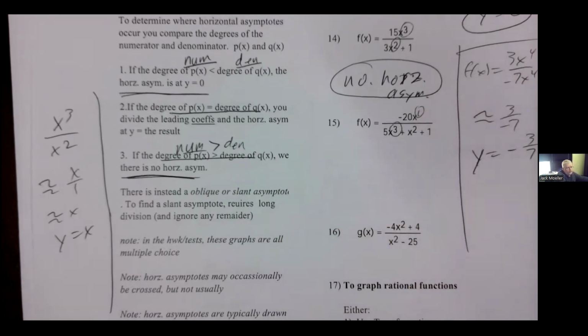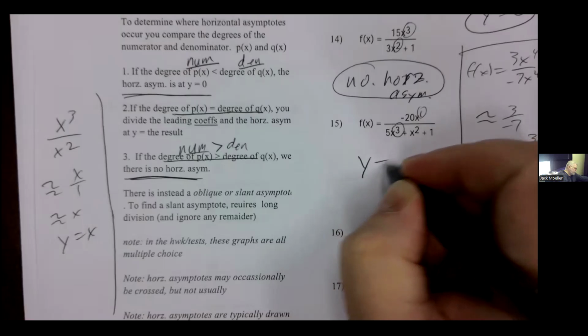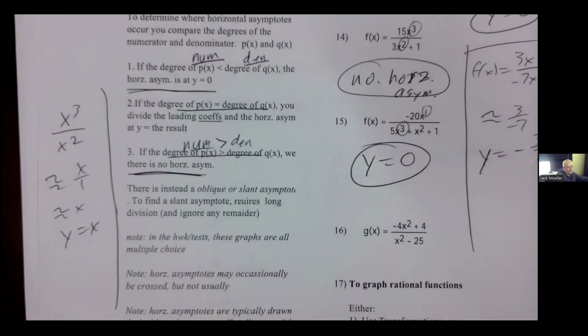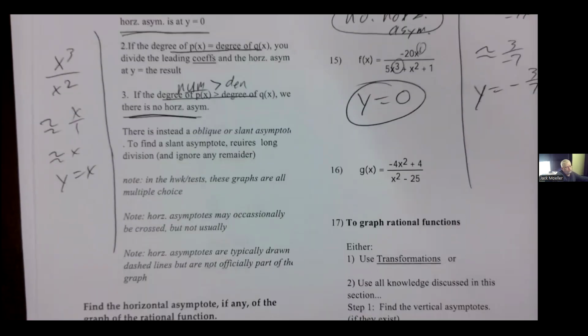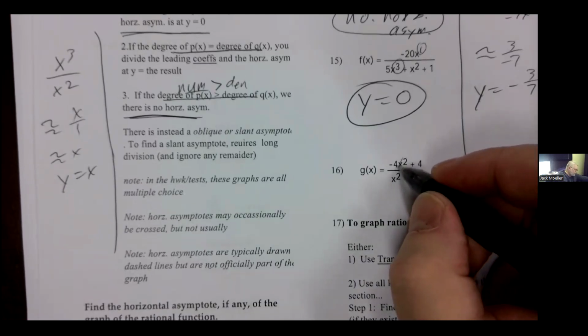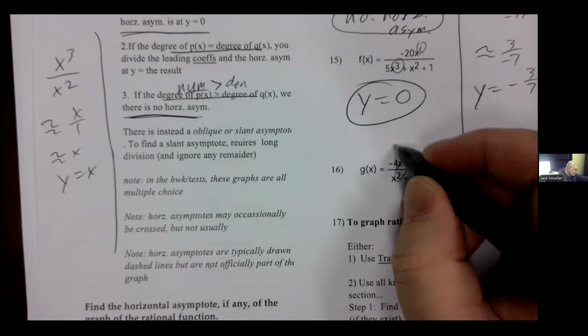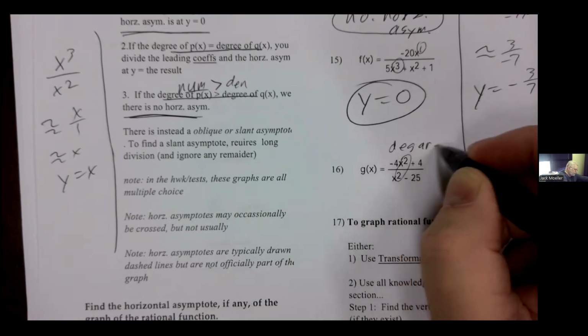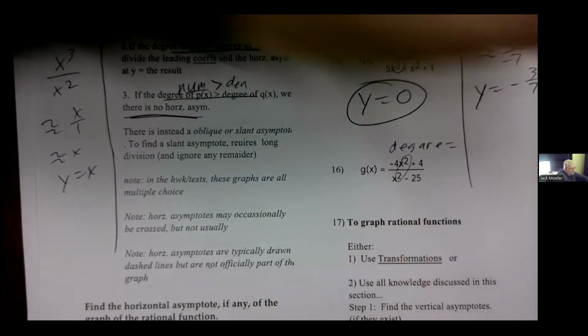What did you get for 15? Well, the degree of the top is 1, degree of the denominator is 3, so the degree of the top is smaller. So therefore, the horizontal asymptote is always at y equals 0. Okay. So on 16, they're both degree 2. So the degrees are equal.